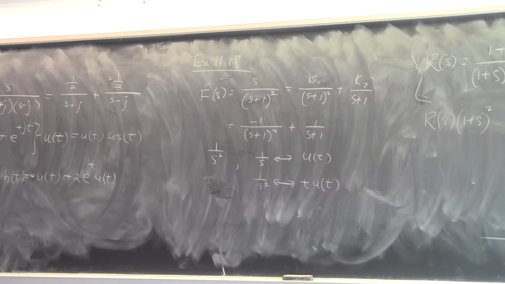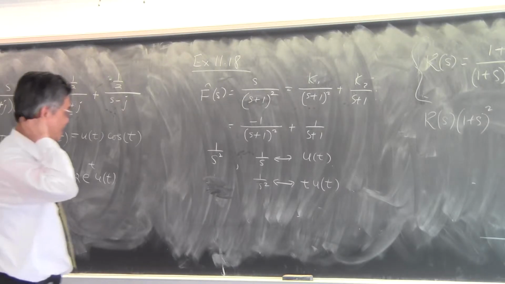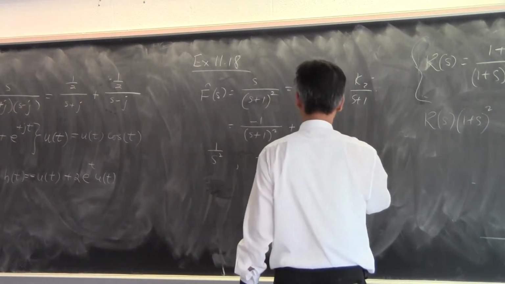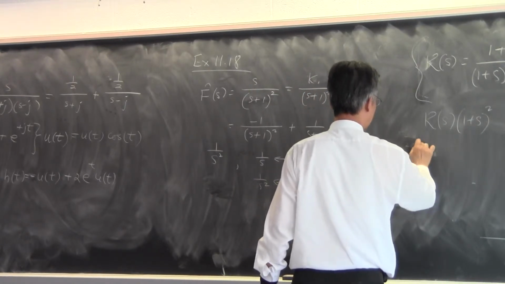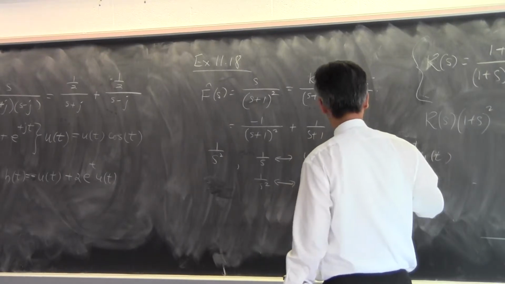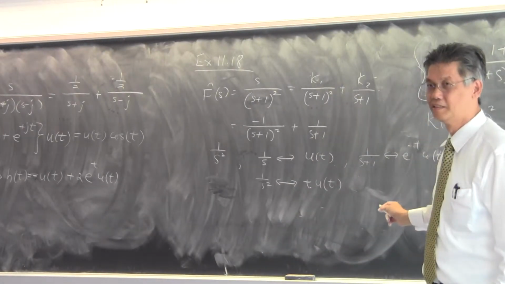Okay, so you will see that when you shift in frequency, you actually have the modulation with this thing. Okay, like e to the minus t u(t). Okay, you see this kind of thing.